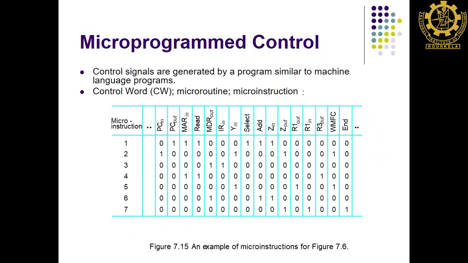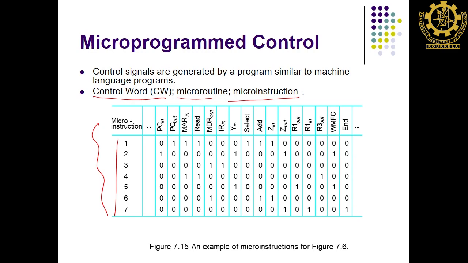There are some terms: control word, micro routine, micro instruction. This is for, let us say, one instruction. It has 4 steps for executing one instruction, as we have seen that we had 7 subtasks, that is 7 steps.